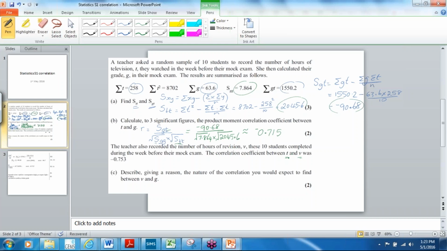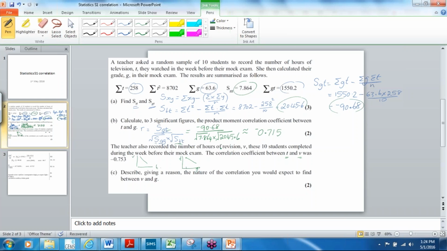So as T increased, V got lower. And we have a correlation between G and T that is negative. So as T is high, G is low.